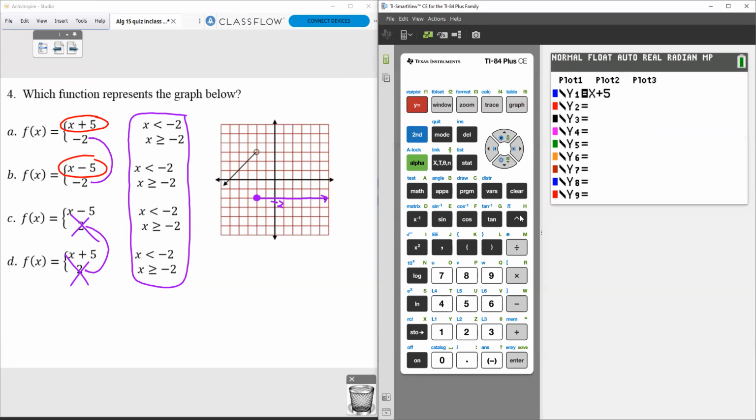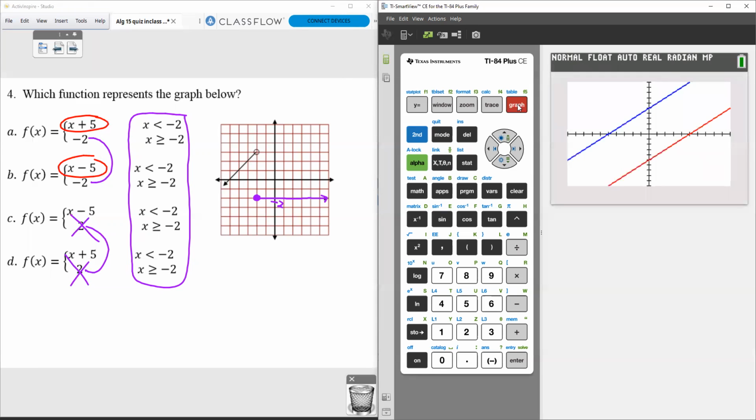Or if I type in x minus 5, here's x minus 5 down below, does it match that picture? Well, this graph clearly, if I extended this line out, it's crossing at +5 right here, not -5, all right? -5 would cross right here and we'd have a line like that. All right, so it's not -5, it's +5. So this is choice A.